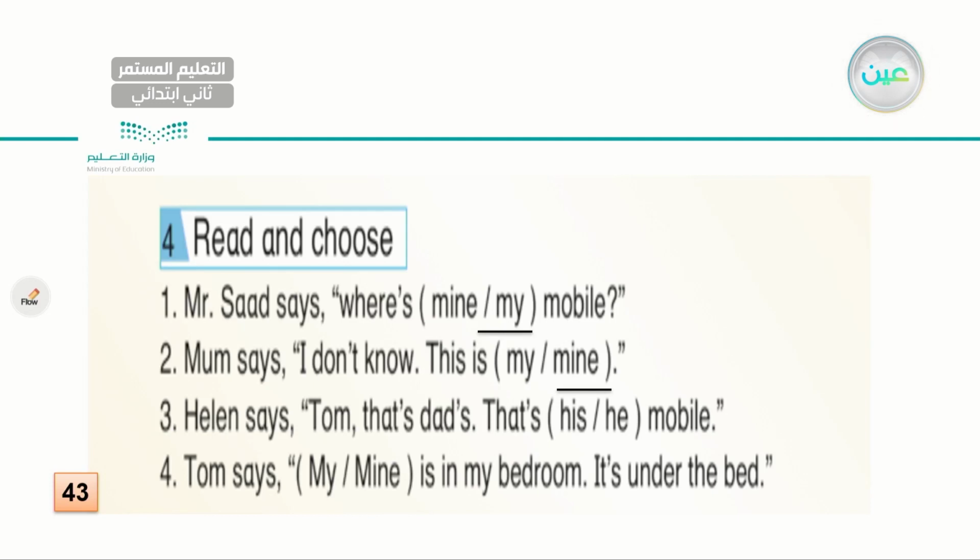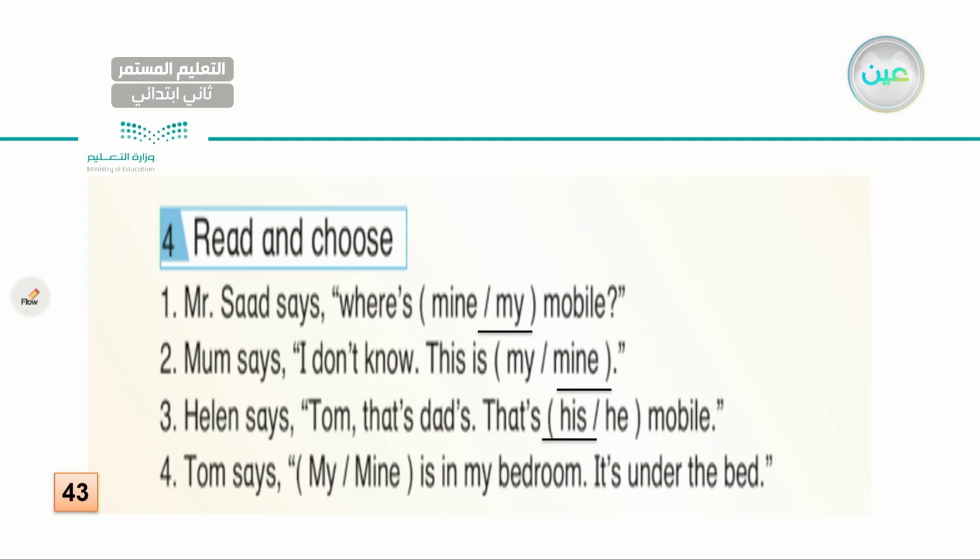Let's go to the third one. Helen says, Tom, that's Dad's. That is his or he mobile. What do you think? So here I have a possessive pronoun and a personal or subject pronoun, but I have a noun here, mobile, so the answer is his mobile. Very good.